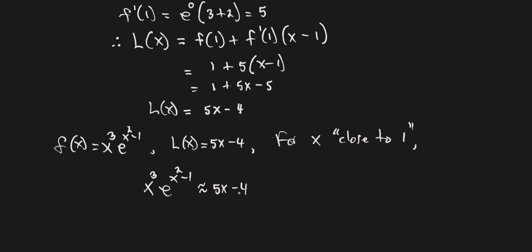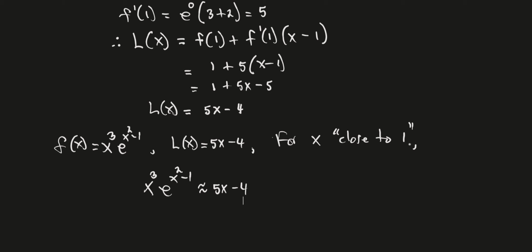But how could we even test this claim that whenever I have an x value that's close to 1, this function value is going to be approximately equal to this function value? Well, we can test it out.